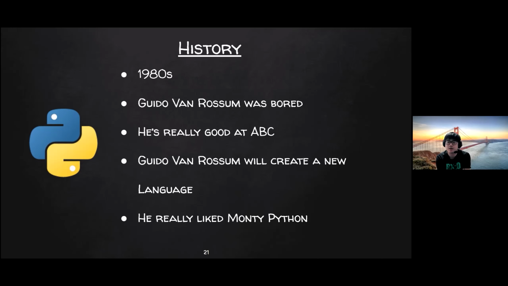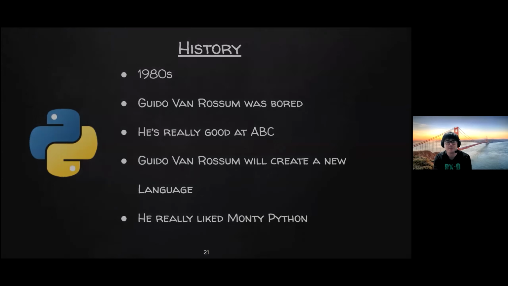And he was really good at this language called ABC. And he really liked the fact that it introduces things like exception handling, try catch. He really liked that. But he didn't like some parts of it. So he thought, over the Christmas, I am going to create a new language. And he really liked Monty Python. And you can probably see where it goes from there.